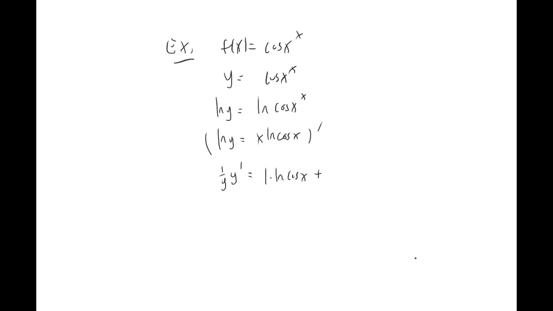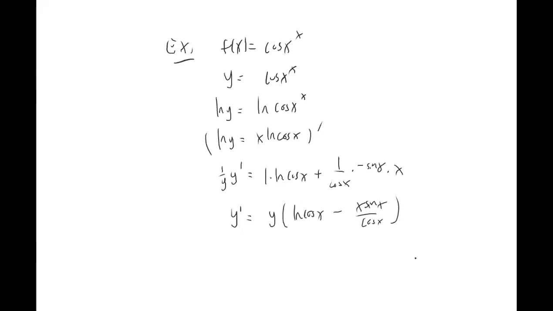The derivative of ln x is 1 over x, so it's 1 over cosine, times the derivative of cosine, which is negative sine. And then I keep the x, so this is just product rule. And then y prime is y times ln cosine of x minus x sine x over cosine.